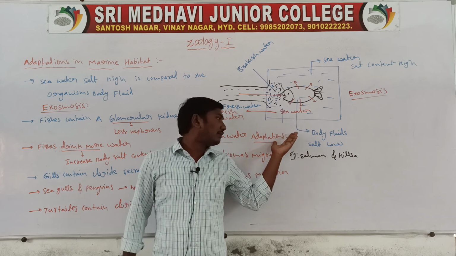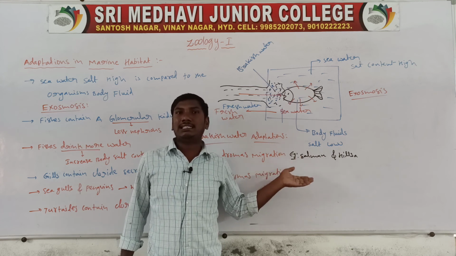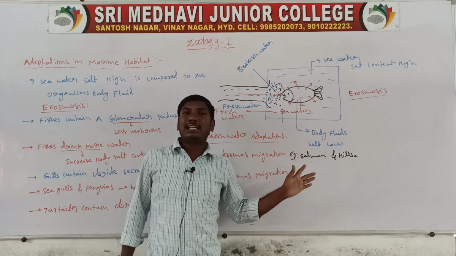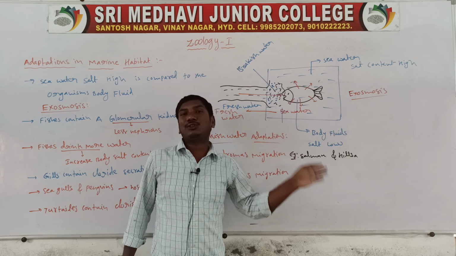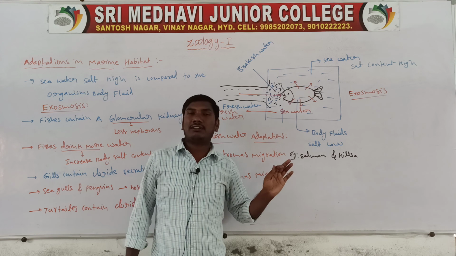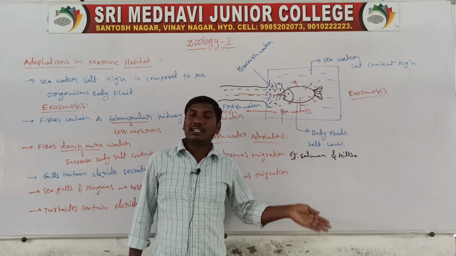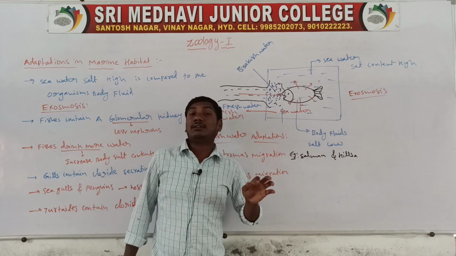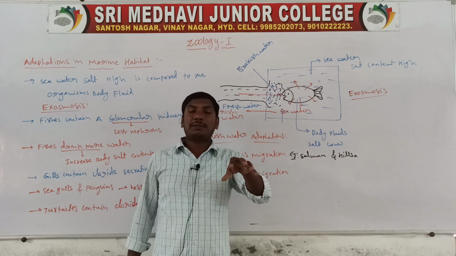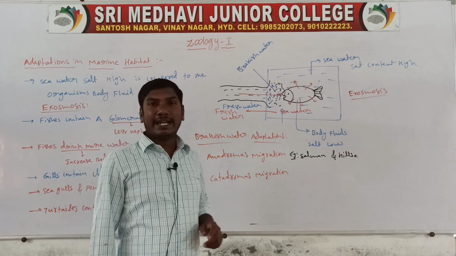Anadromous migration means fishes migrate from marine water to fresh water. Catadromous migration means fresh water to marine water, for the purpose of breeding. These are the marine water and brackish water adaptations.